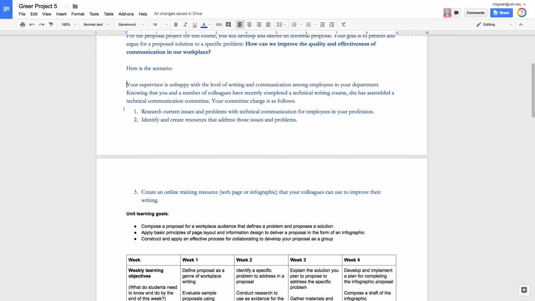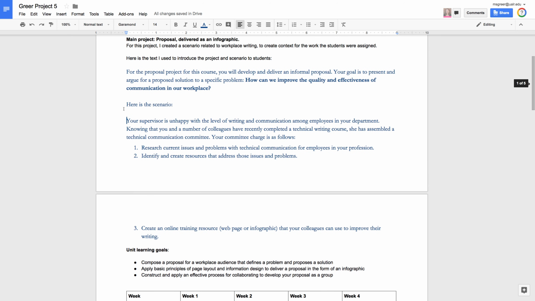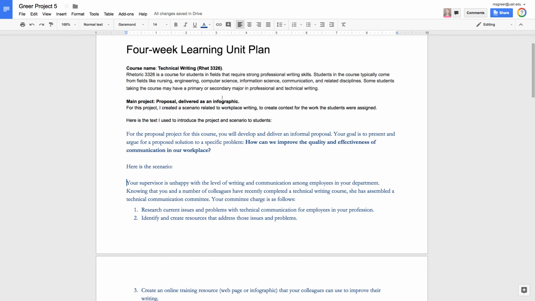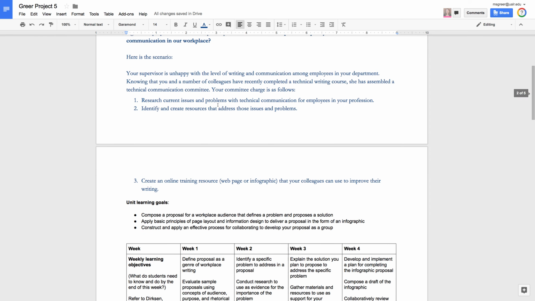So basically, the students were assigned to become kind of the workplace communication task force and to write a problem solution model proposal based on this problem of how can we improve the quality and effectiveness of communication in our workplace. So that's some context for you about who the students were, where we were in the class at the time, and what the main project is that they were working on during this 4-week unit.